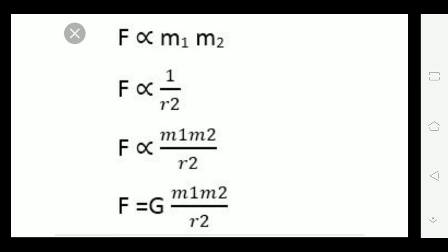If we combine both equations, we get F proportional to m1 into m2 upon r square. And if we form the equation, F is equal to G m1 m2 upon r square. This G is the gravitational constant.